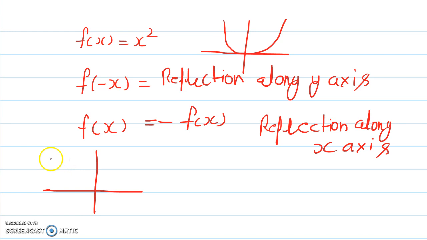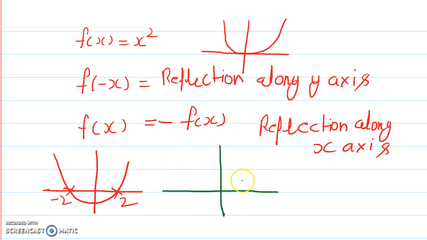Let me quickly explain. Suppose this curve is passing through minus 2 and 2. The minus f(x) graph will be reversed, a reflection along the x-axis.